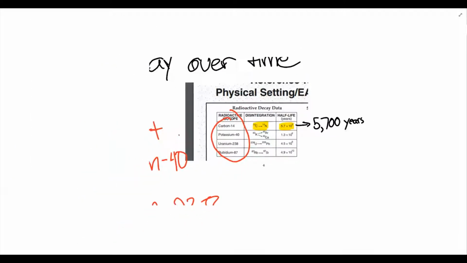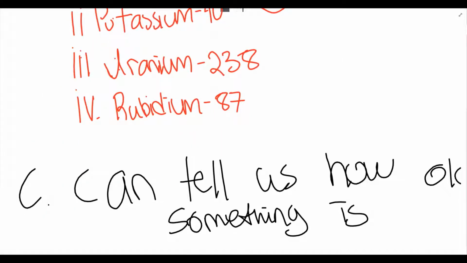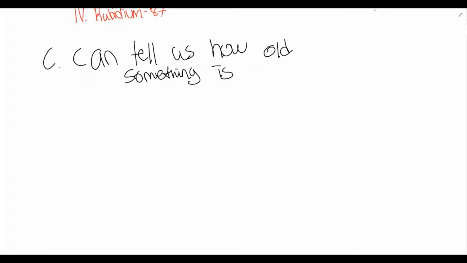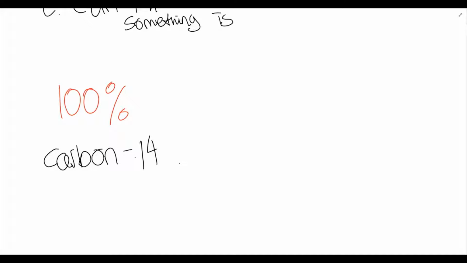All right, so let's go back down to this area. The way this helps us is basically what's going to happen is we're going to start off with 100% of our carbon-14. So we have 100% of our carbon-14, and this is after 0 half-lives.